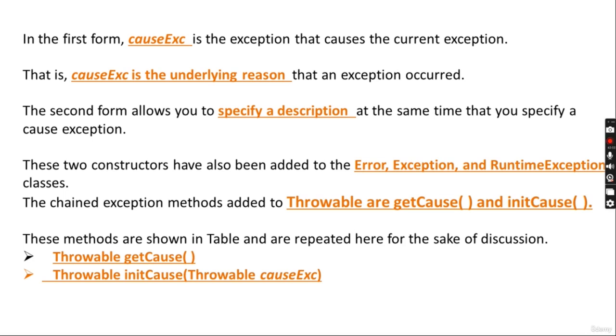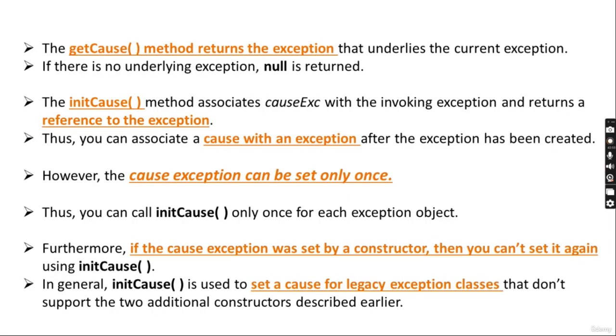Throwable getCause, Throwable initCause(Throwable causeException). The getCause method returns the exception that underlies the current exception. If there is no underlying exception, null is returned. The initCause method associates the cause exception with the invoking exception and returns a reference to the exception.